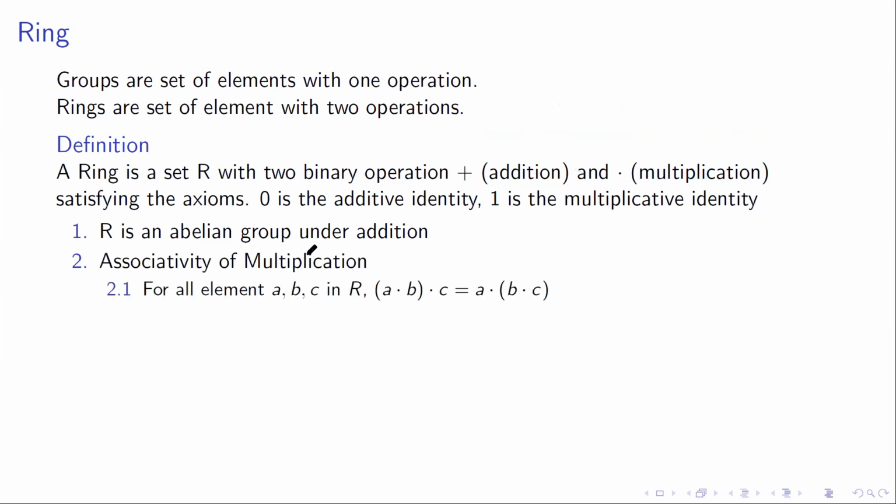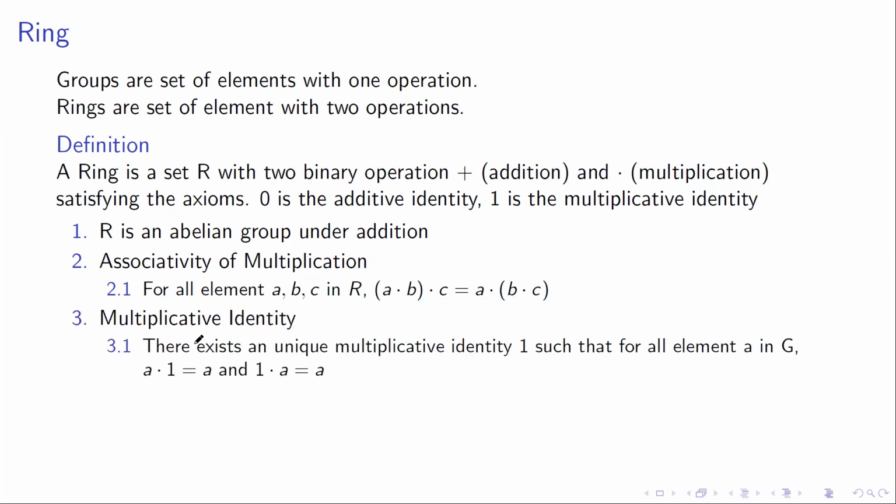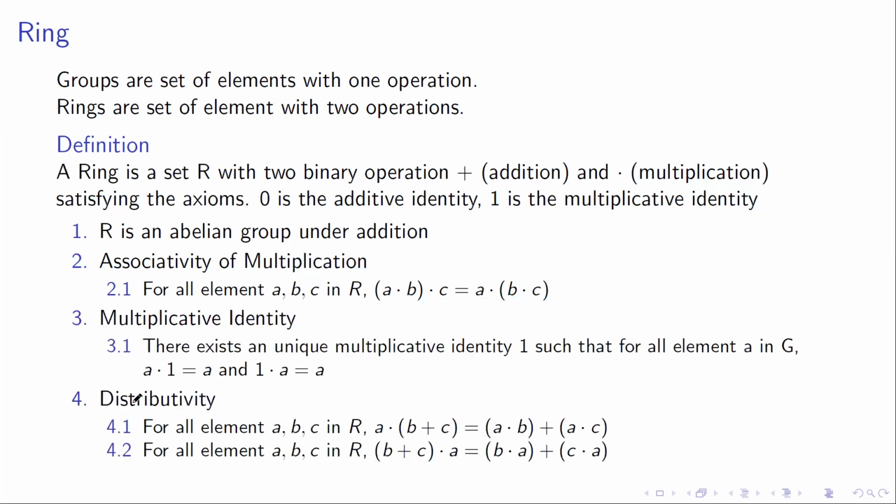Okay, and multiplication must be associative. Multiplicative identity must exist, and multiplication and addition are related by distributivity. Distributivity is basically the same thing that we learn from school, and it's true for the left side and the right side.